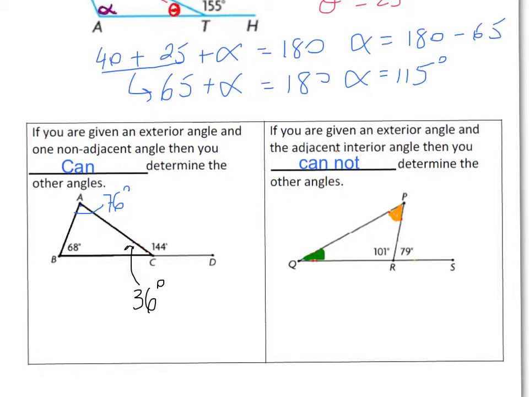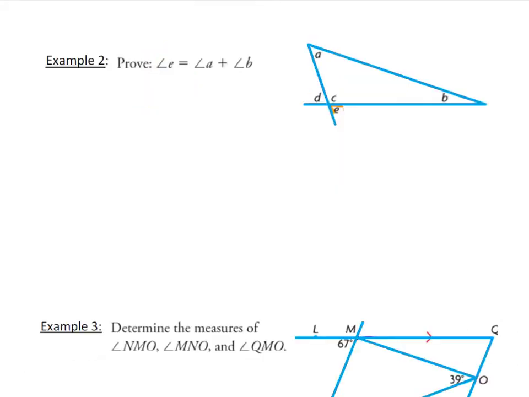So we know that angle Q right here plus angle P has to give us 79 degrees because all these three angles have to add up to 180. But we don't know what these angles are, and there is no way of figuring them out from the information given. So we cannot determine the other angles. We don't know what angle Q and angle P is, and we won't be able to unless we have another piece of information like angle P or angle Q given to us.